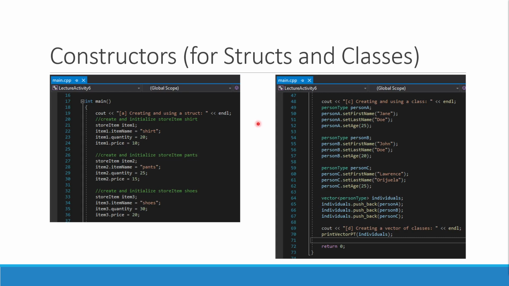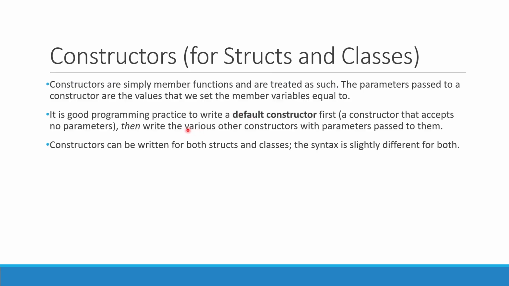Okay. So moving on. Constructors are simply member functions and are treated as such. The parameters passed to a constructor are the values that we set the member variables equal to. And it is good programming practice to write a default constructor first. A default constructor is a constructor that accepts no parameters.